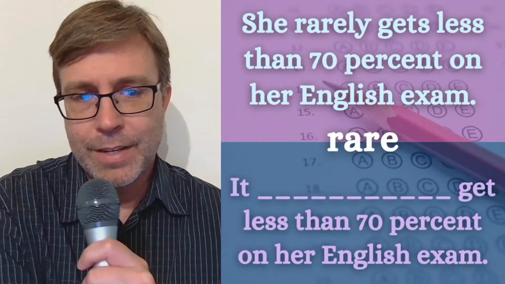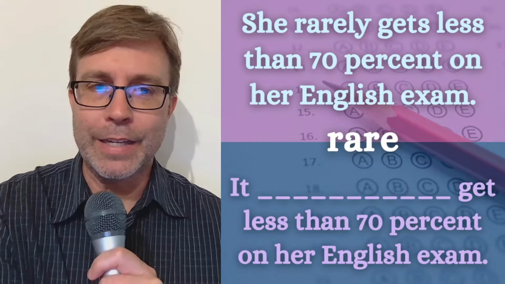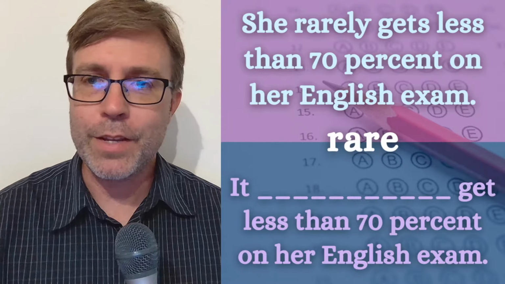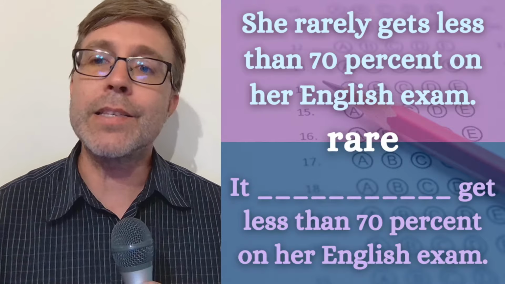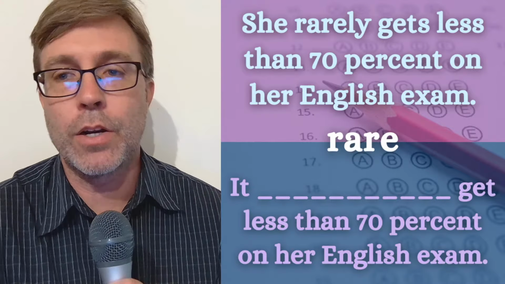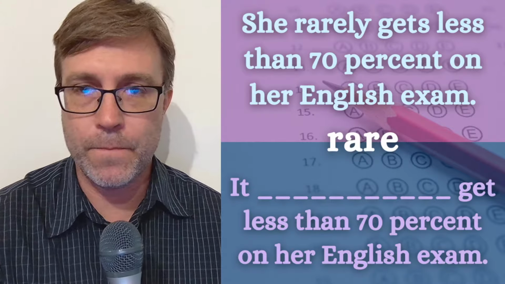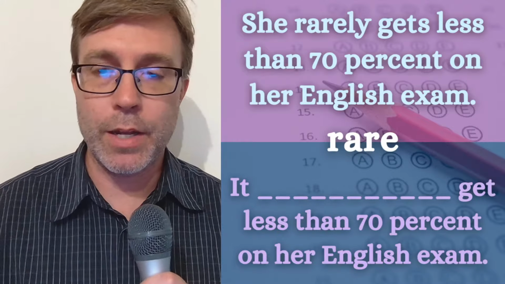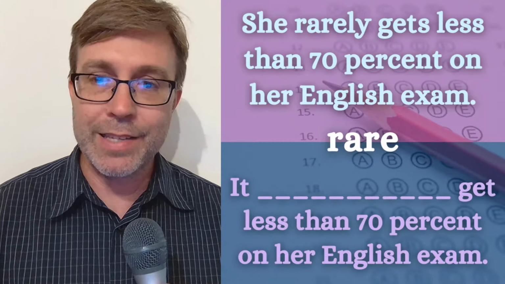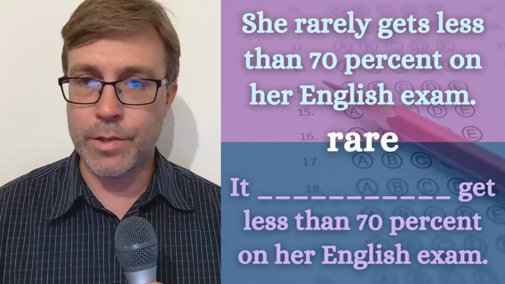Now it's definitely going to start to get a little more difficult. She rarely gets less than 70% on her English exam. I'm giving you the word rare. That is our key word. And the sentence, that's our blank.